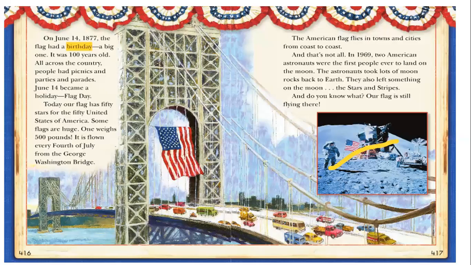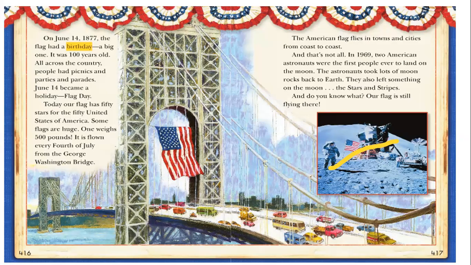Now I will discuss these 2 pages. On 14th of June 1877, the flag was 100 years old, and the people had picnics and parties because this day was the flag birthday. After that, the 14th of June became a holiday. It was called Flag Day.